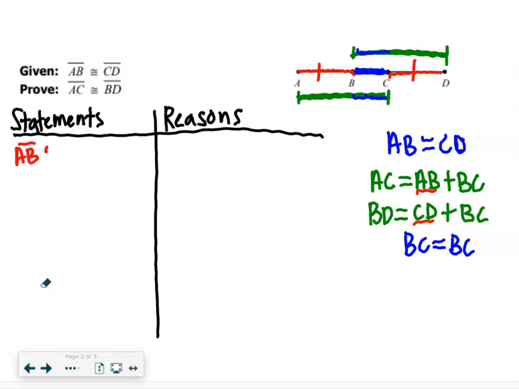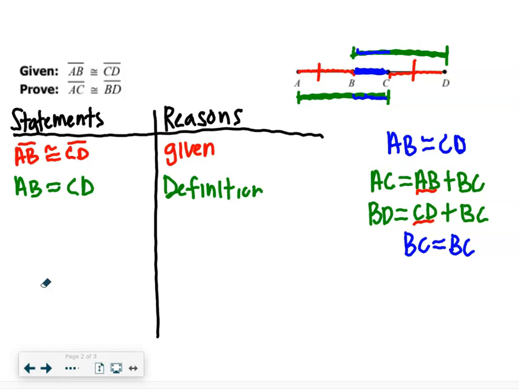So AB is congruent to CD, given. And now we have that weird notation thing again. We have to get rid of the congruence and segment symbol, so we write AB is equal to CD. And that, if you remember, is definition of congruence.